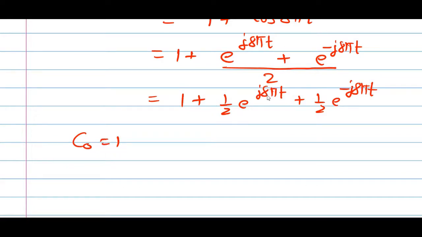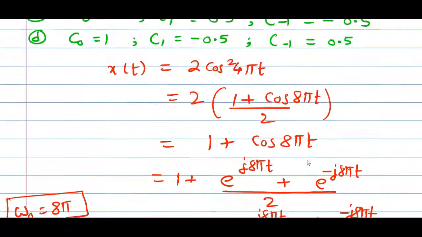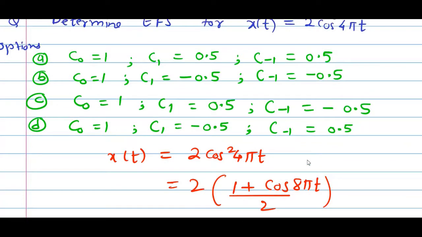Then only one frequency is present, 8 pi. Omega naught is 8 pi, and this coefficient is C1. So C1 is 1 by 2 and C minus 1 is 1 by 2. So this is the answer. 1 by 2 means 0.5, 0.5. So the correct answer is option A.